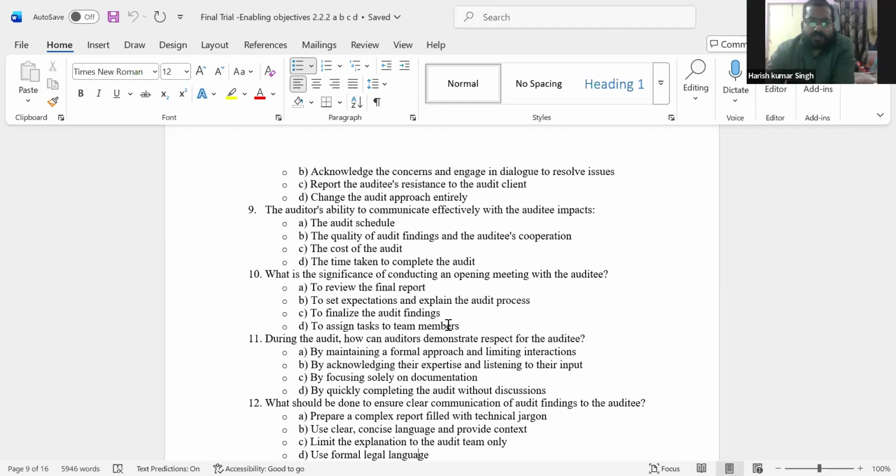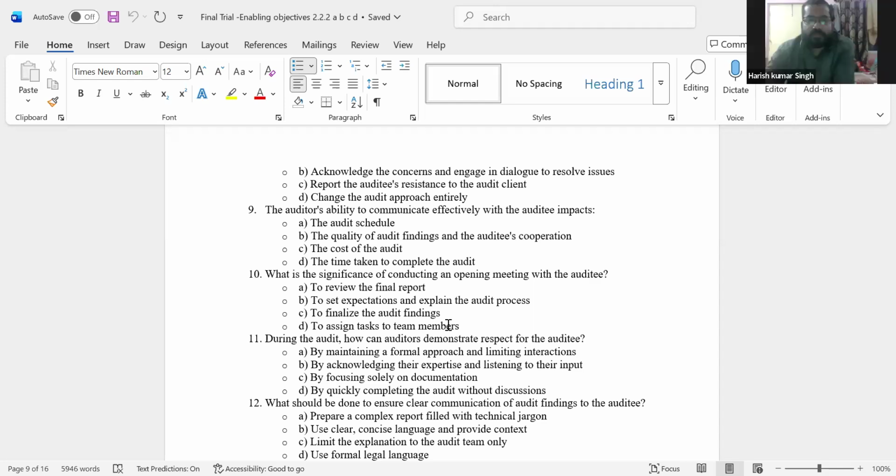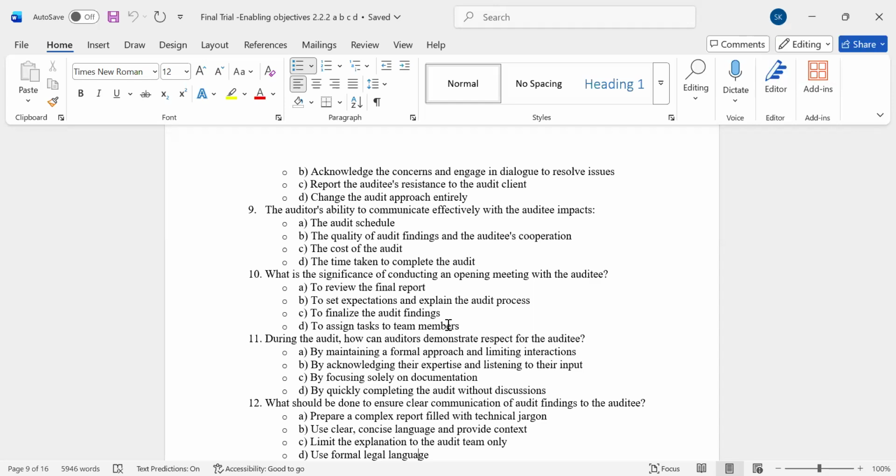So the audit schedule, sir. Can you give the other answers also? Why not B? Communicate effectively, what does it impact? B, the quality of audit findings and the auditee's cooperation. Yes, sir, B is the only answer.